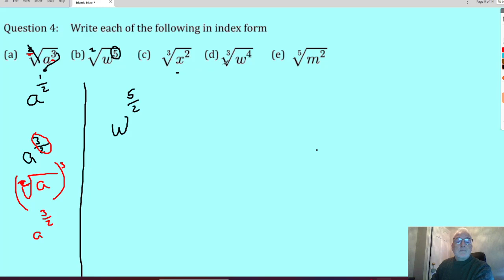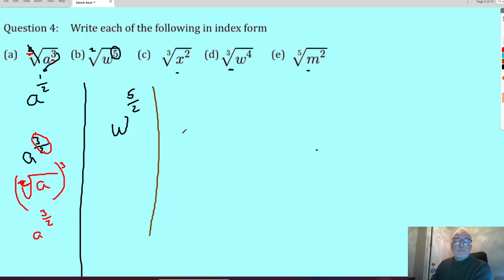Okay, pause the video, have a go at the next 3 using the same principle. Write the base, put the denominator of the fraction as what the root is, and then put the power on the letter as the numerator. Pause the video, give it a go. Let's see how you got on.